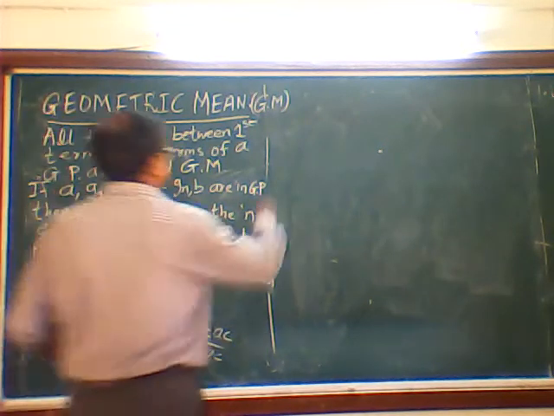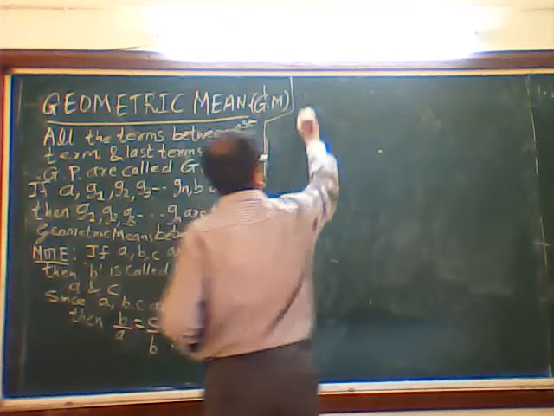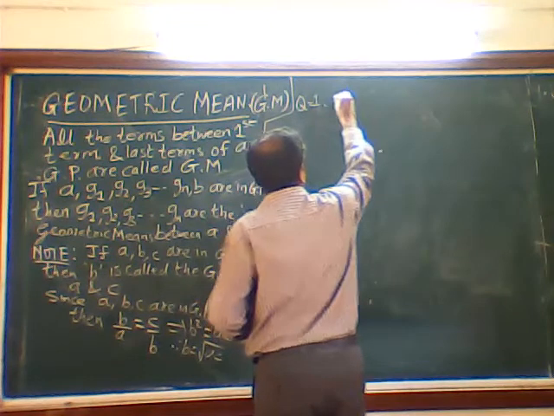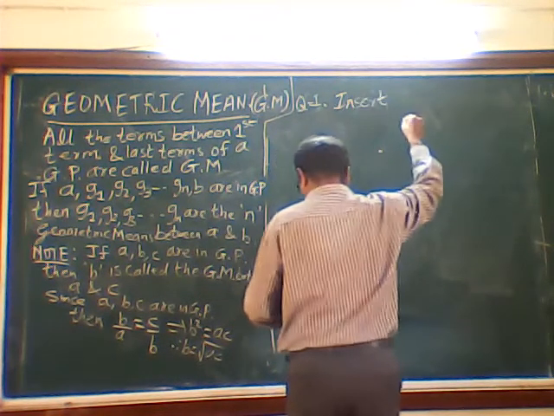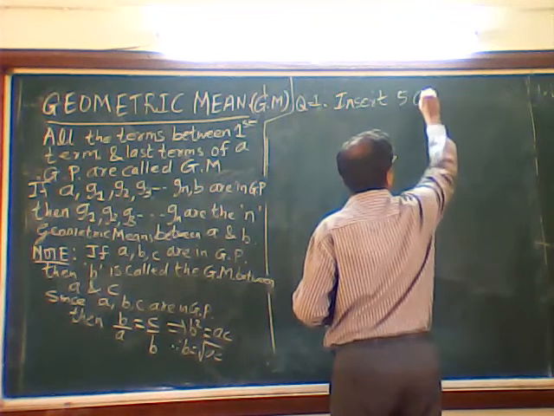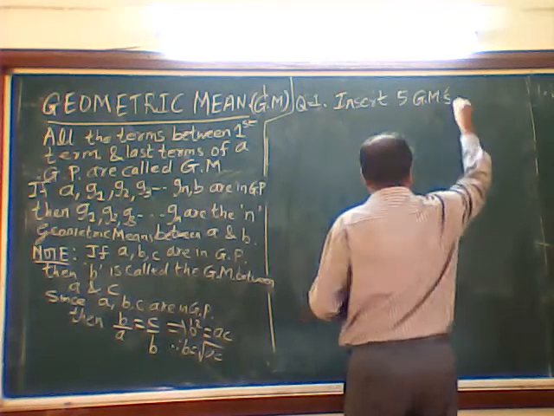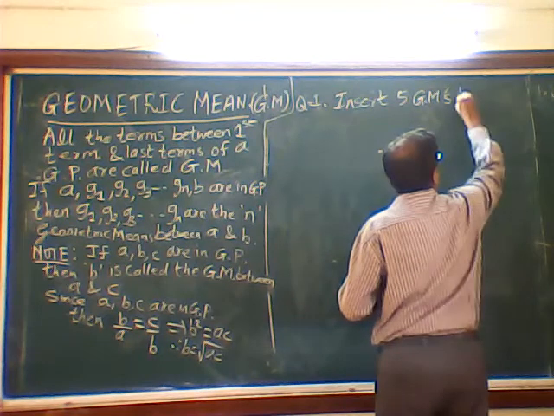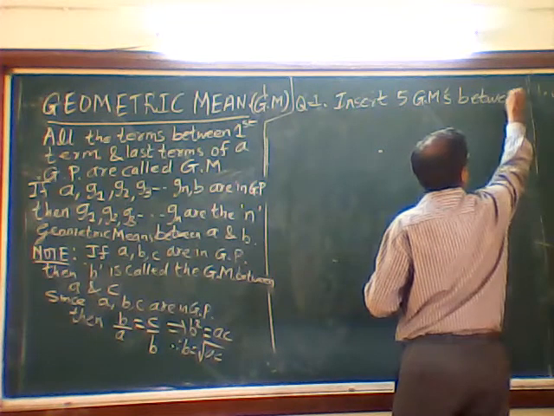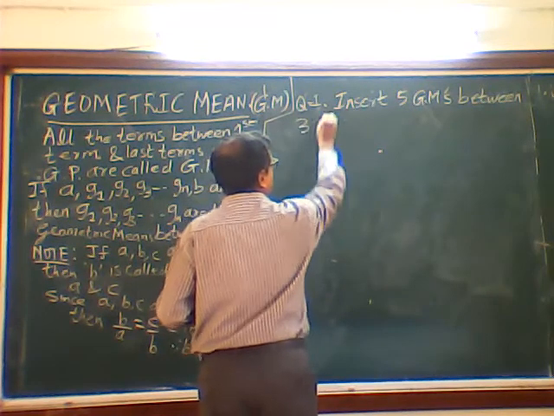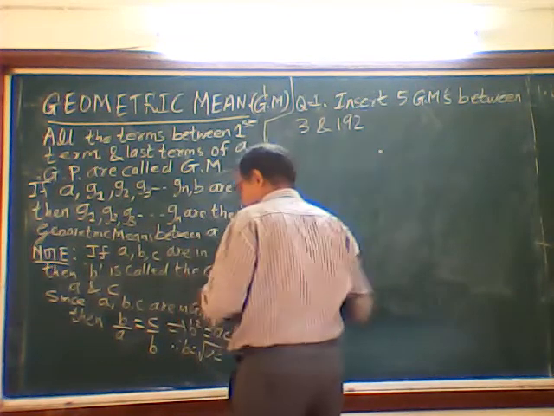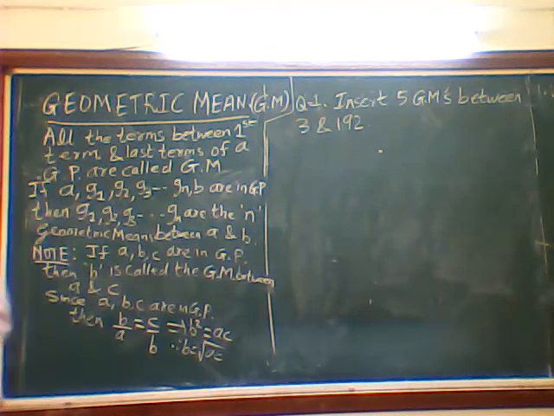First question: insert 5 geometric means between 3 and 192.